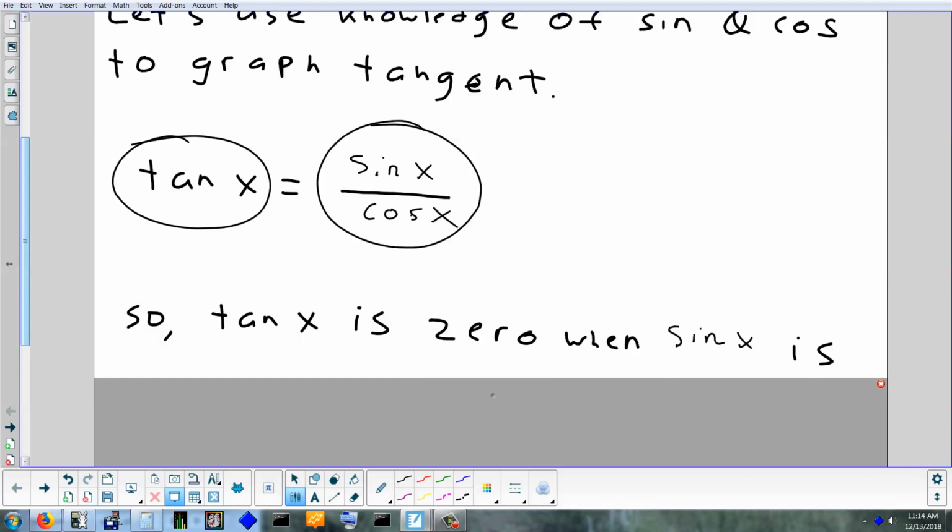Well, when is sine 0? Think about your graph. That's what sine looks like. It's 0 here, here, and that's a repeat of the first one. What's the x value of that first point? Yep, 0.